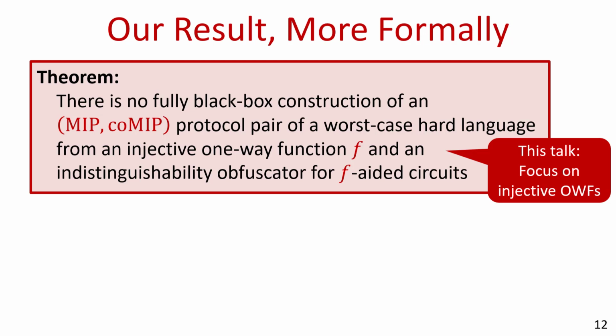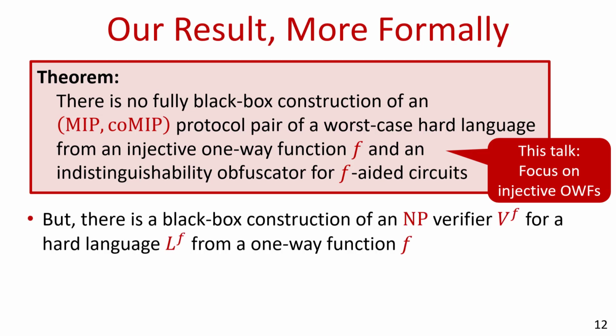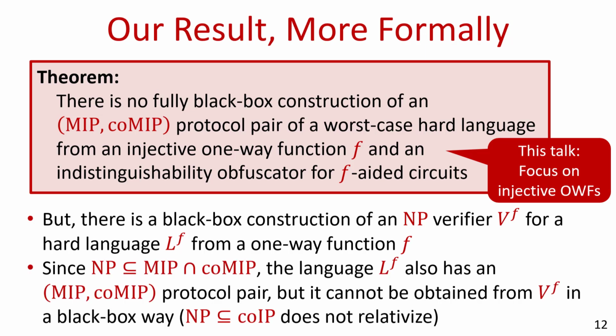Now we can formally understand what previously seemed to be a contradiction. There is a black box construction of an NP verifier V for a hard language LF from a one-way function f, and since NP is contained in MIP intersect CoMIP, the language LF also has an MIP CoMIP protocol pair. But this pair, and in particular the CoMIP verifier, cannot be obtained from the NP verifier in a black box way.